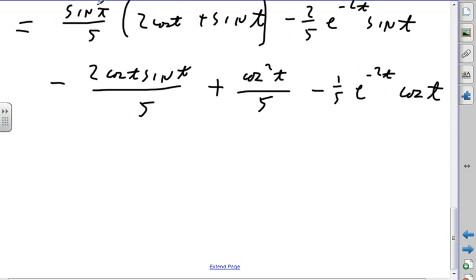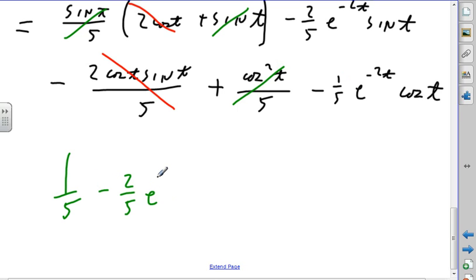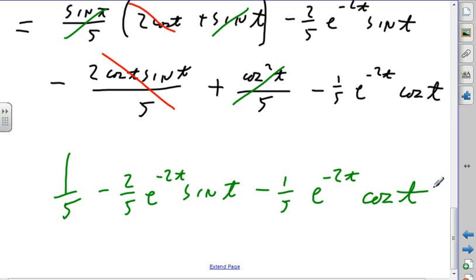So this term goes away with that term. This term and that term with this term becomes a 1. So that becomes a 1/5. So that guy and that guy goes away. And now I got 1/5 minus 2 over 5 e to the minus 2t sine t minus 1/5 e to the minus 2t cosine t.